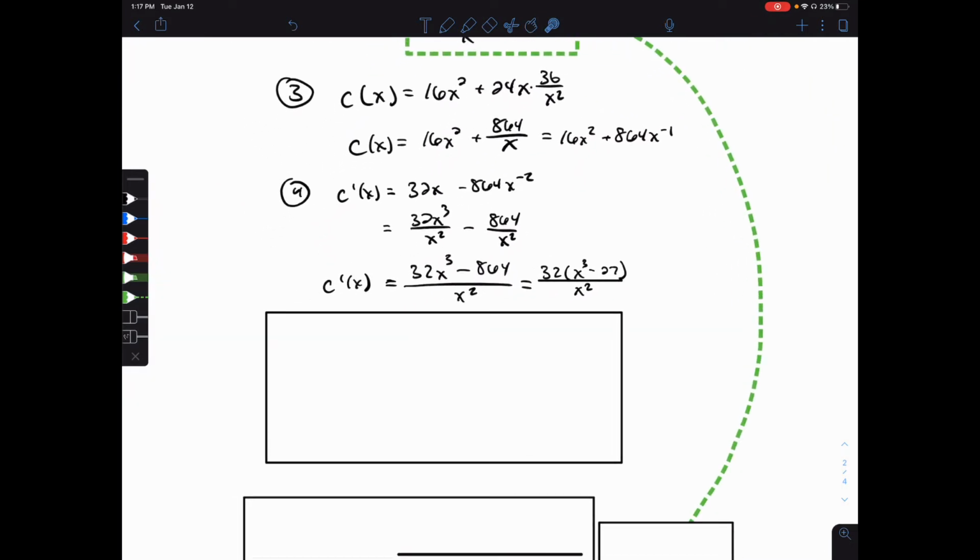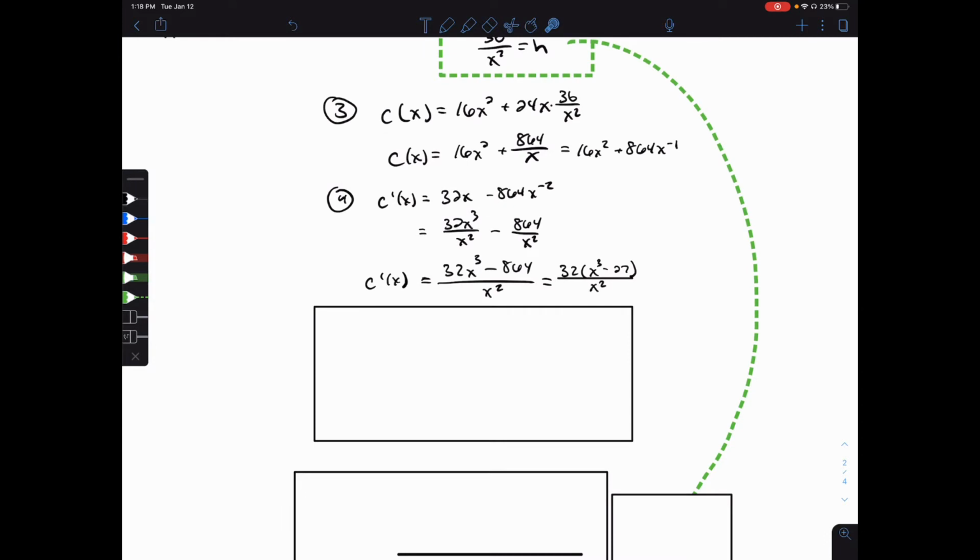So to get common denominators here, once again, I move this x squared to the bottom, and then I multiply the top and bottom of this fraction by x squared, so I have common denominators. Once they're common, the bottom stays the same, and I subtract the top numbers. And then to make this easier, I factored a 32 out of this numerator and got 32 times x cubed minus 27.